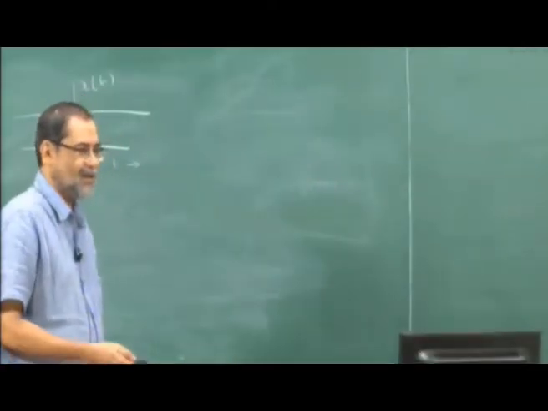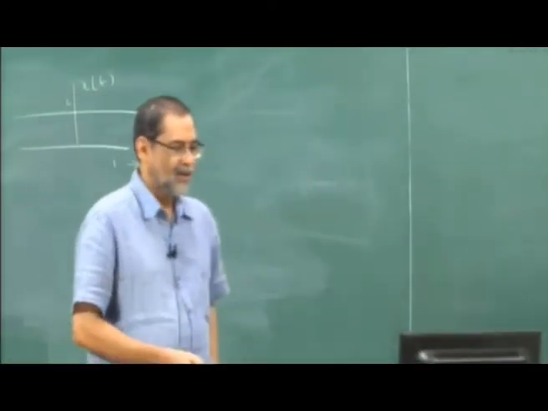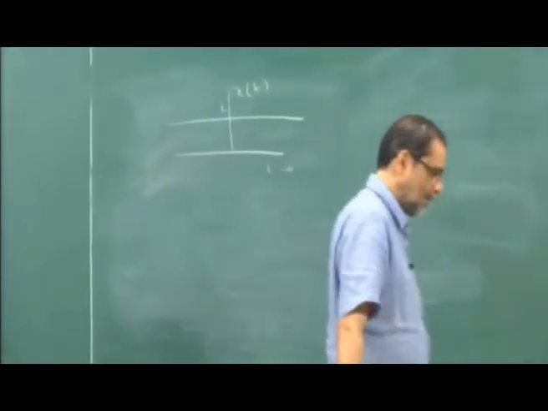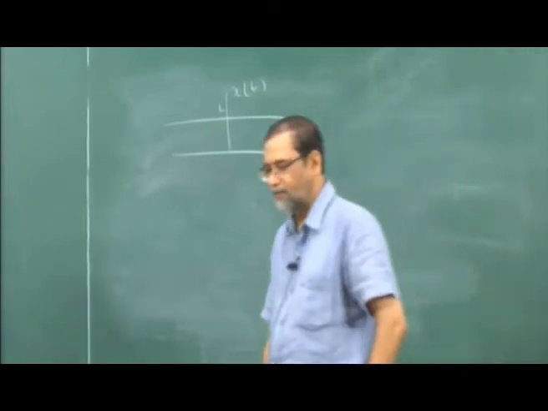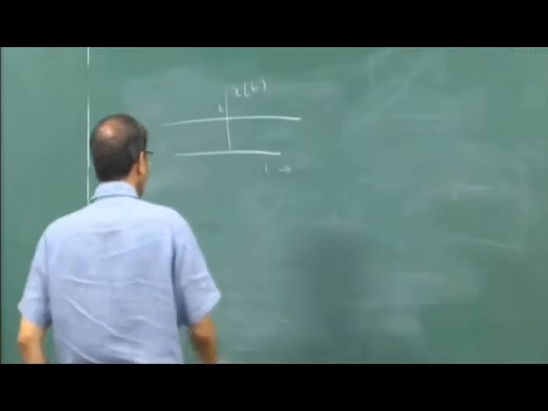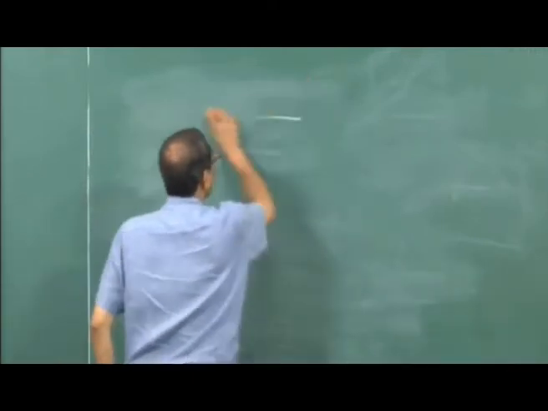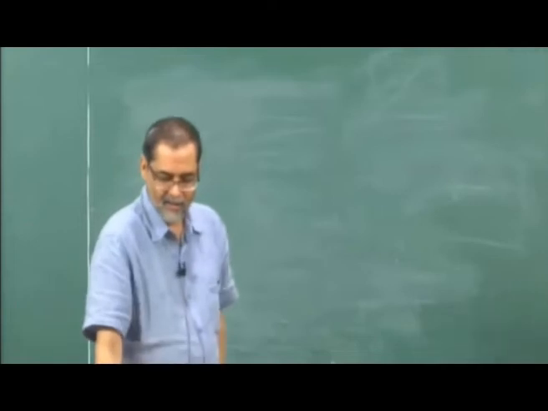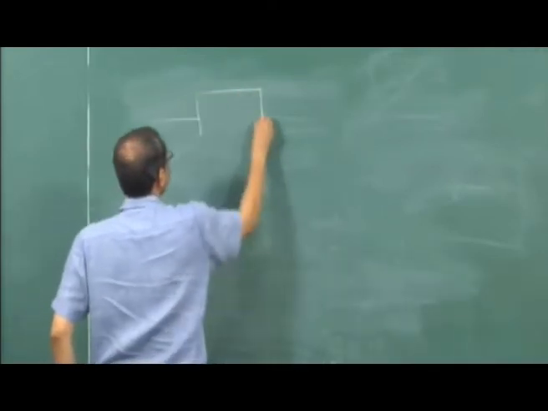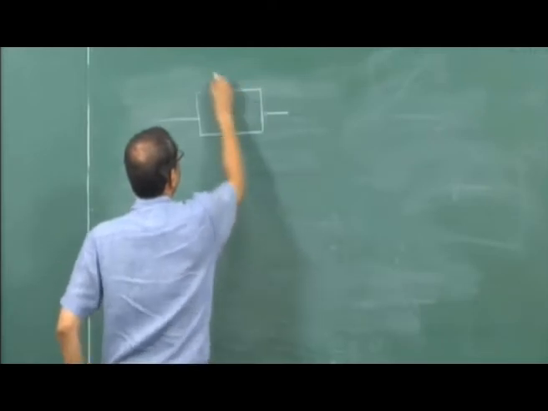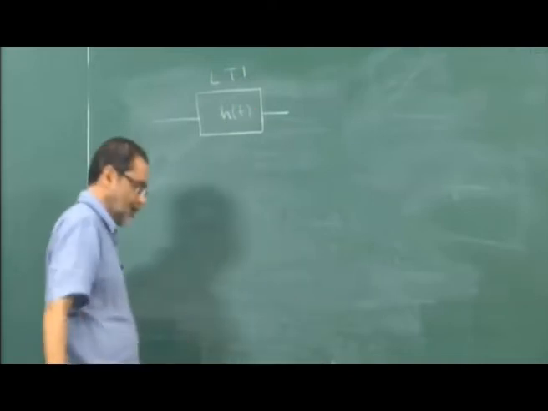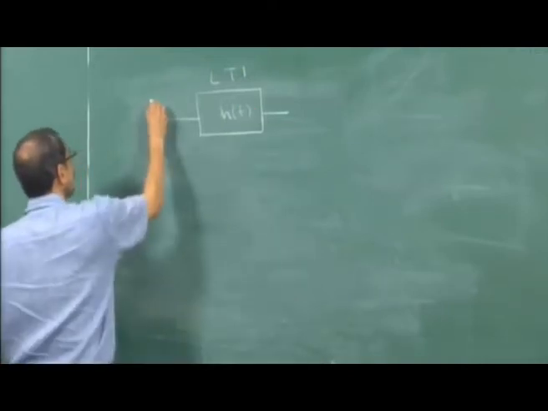Okay, good. So let's continue with the next part, which is the motivational part for what I'm going to do next, which is the frequency domain. So what I'm saying here is, you take an arbitrary LTI system with impulse response h of t, and you give a specific input.